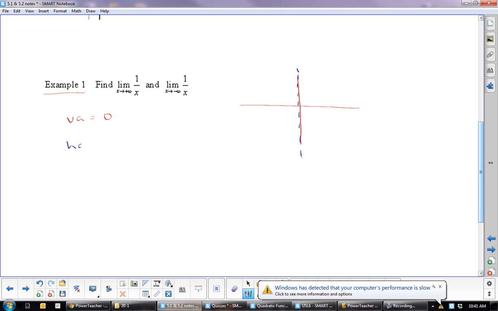So for horizontal asymptotes we'll do the limit as x approaches positive infinity of 1 over x. That would equal 0. The limit as x approaches negative infinity of 1 over x would equal 0.